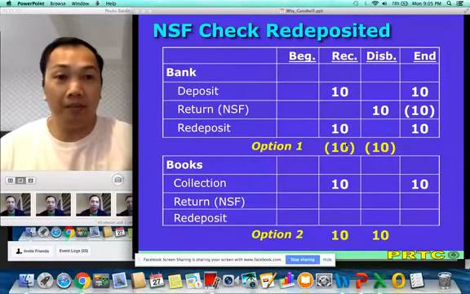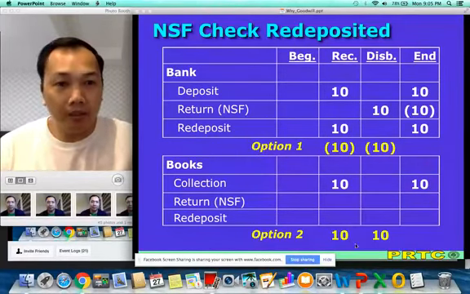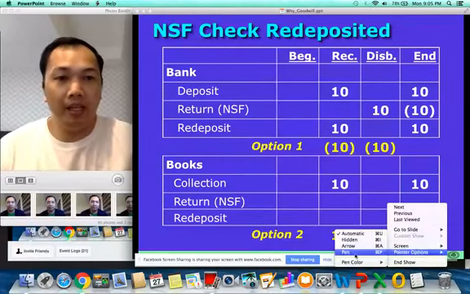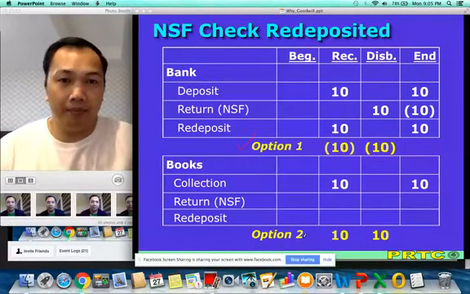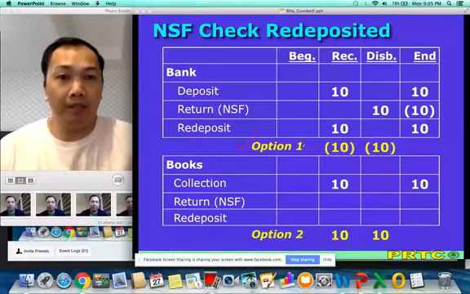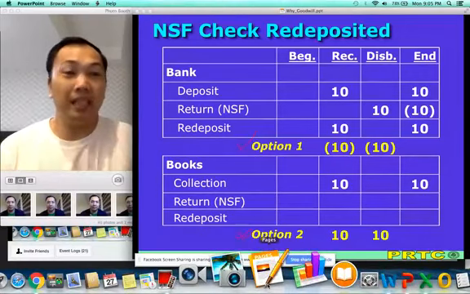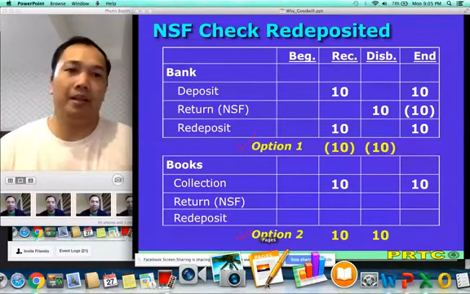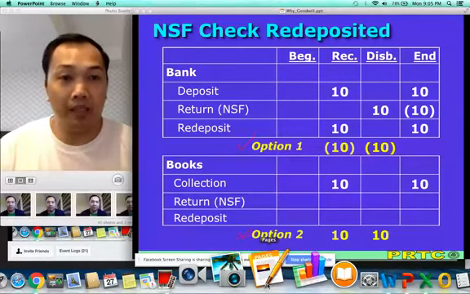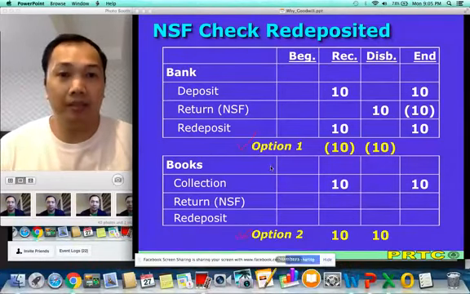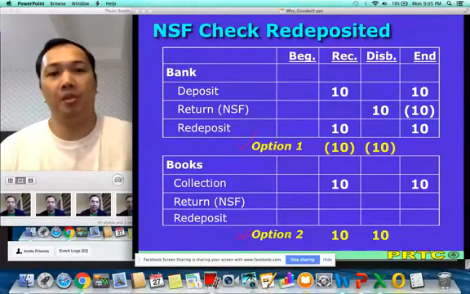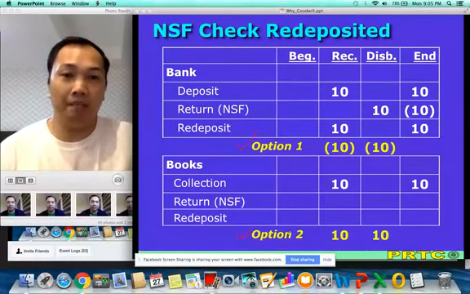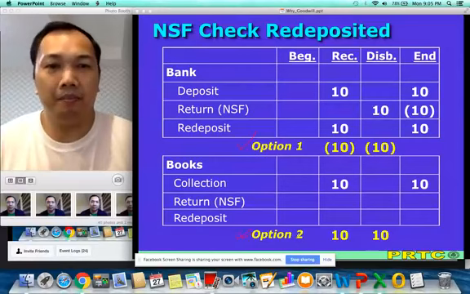Actually, na-double count yung deposit. Option 1 is preferable. Preferred, option 1; alternative, option 2. Either is acceptable, just a matter of preference. Kung gusto mong ipakita yung adjusted receipts and disbursements, then preferred approach, option 1.